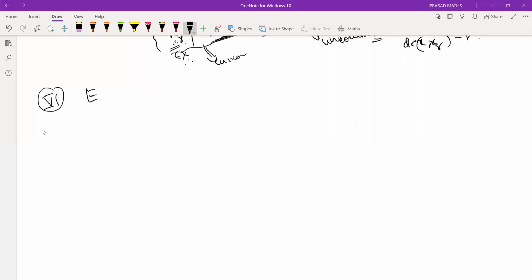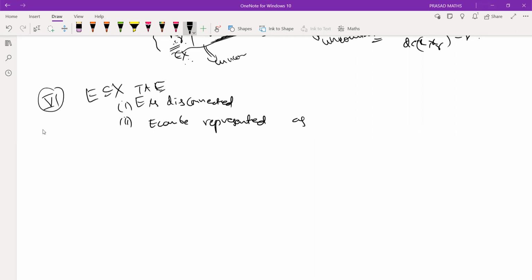Next property is property number 6. Let E be any subset of a metric space. The following conditions are equivalent. E is disconnected if and only if E can be represented as a disjoint union of two non-empty closed sets.